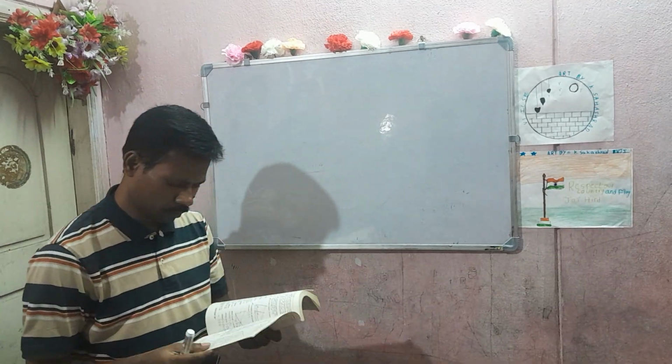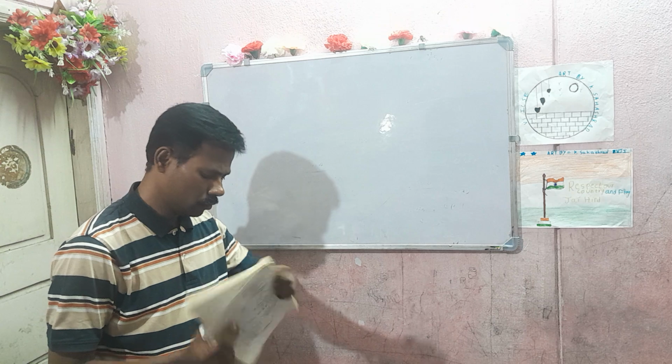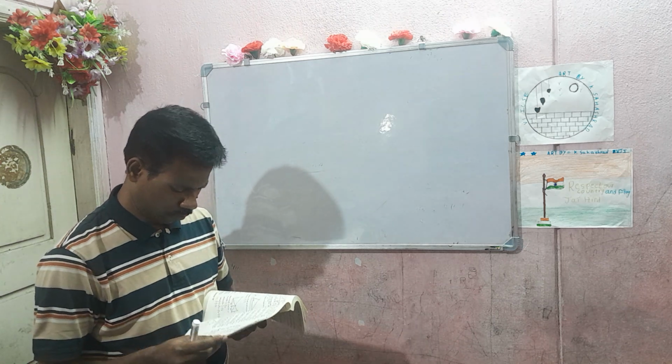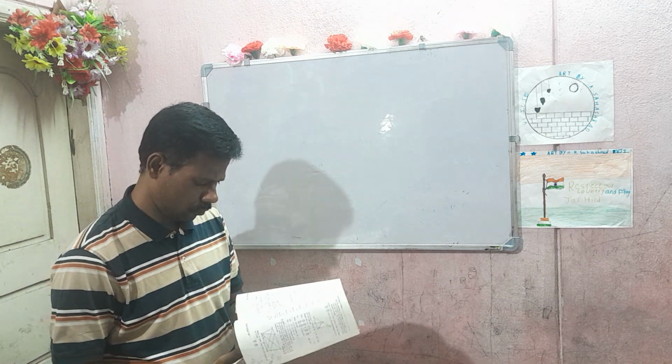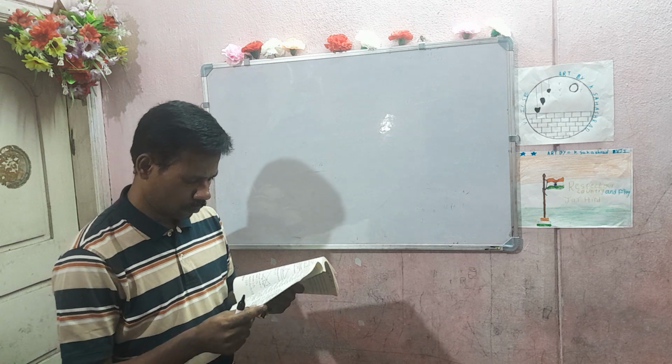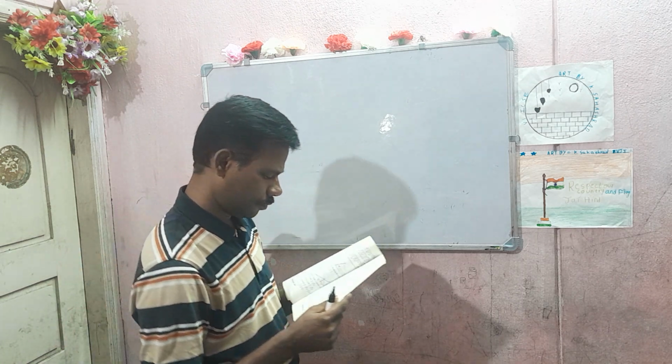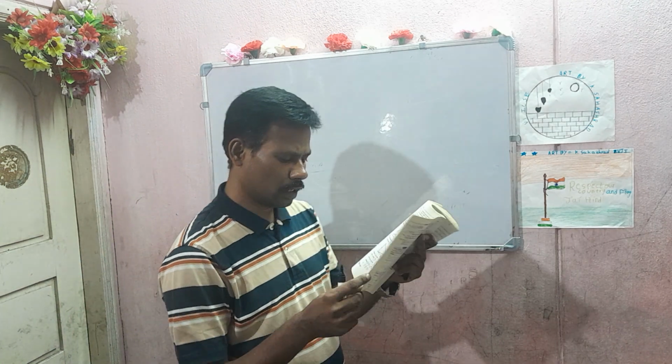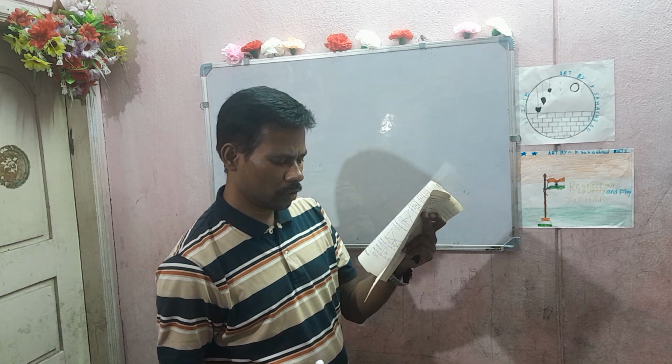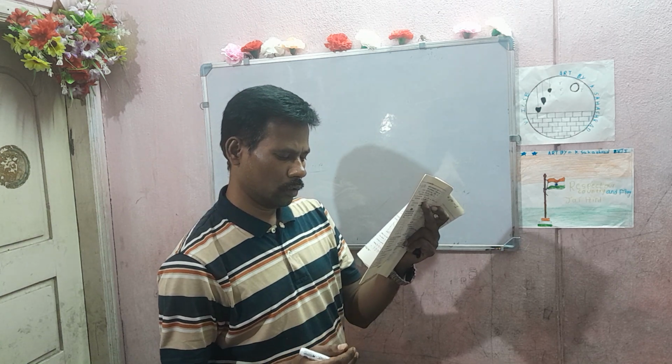Next one. ABCD is a quadrilateral in which AB is equal to AD.